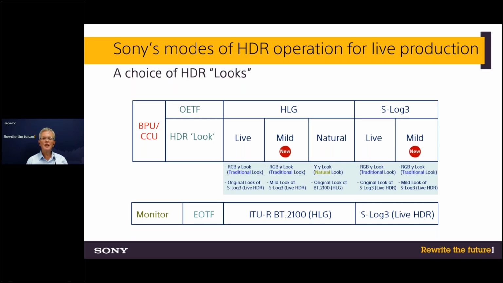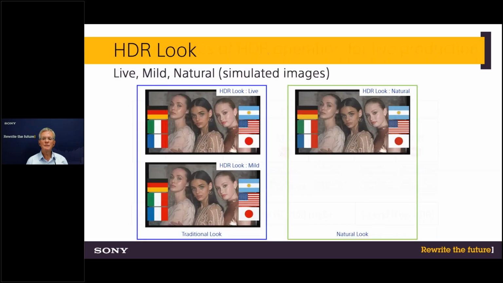A live and a new mild look can also be applied when working in S-Log3, and both exhibit a traditional look with gamma applied to RGB. And the bottom row of the chart shows the picture monitor settings in a Sony monitor when operating in the hybrid log gamma or S-Log3 mode.